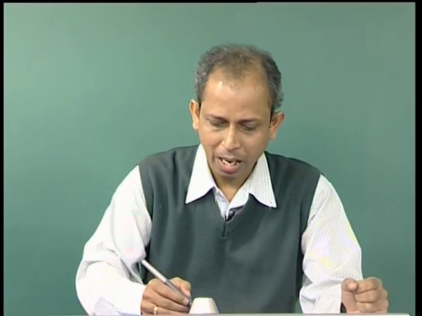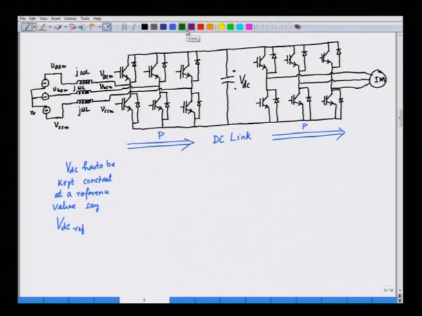So, we will have a scheme, a control scheme in which we will be comparing. We have VDC ref here, and what we do in this case is that we have sensors, and we can sense this VDC.